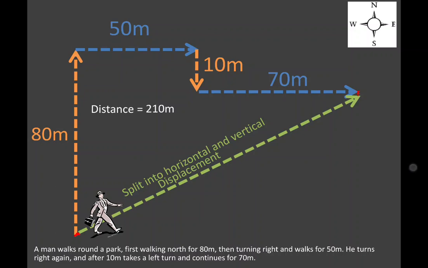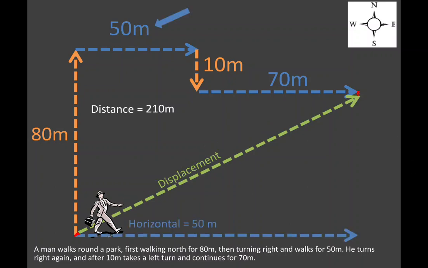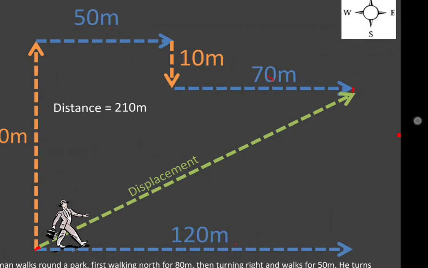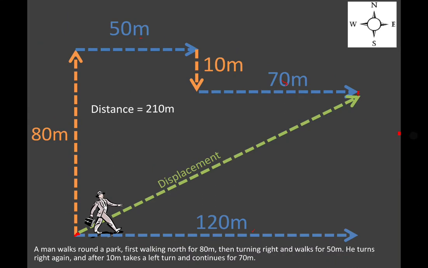Now, if we complete the triangle, the horizontal would be 50 plus 70, right? So this part will equal 120, and this is 80 minus 10, which is equal to 70. So this side is equal to 70, this side is equal to 120.